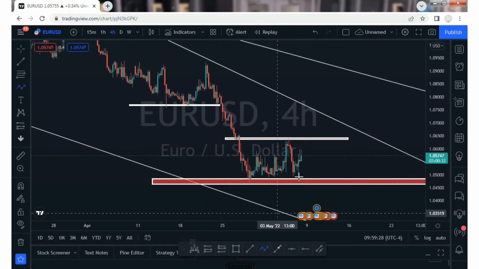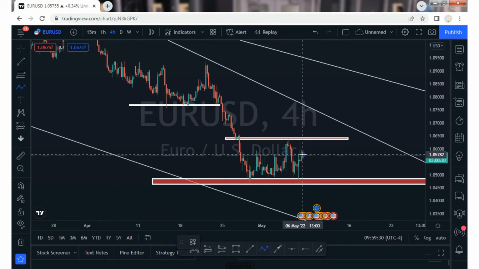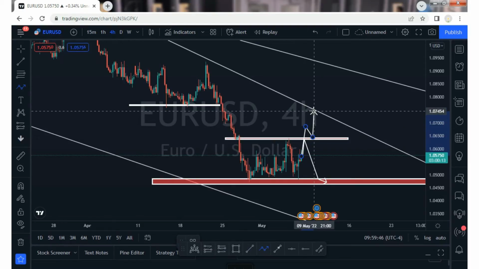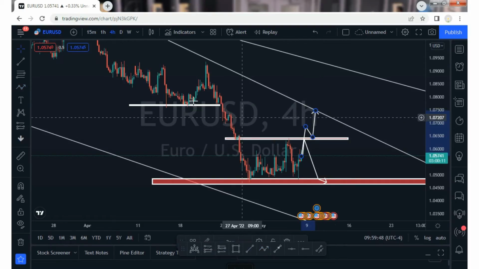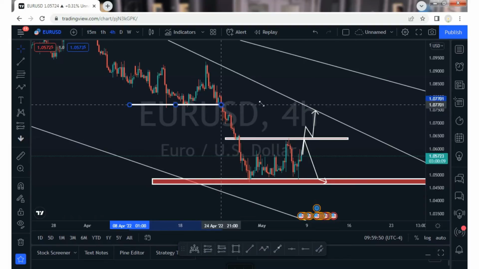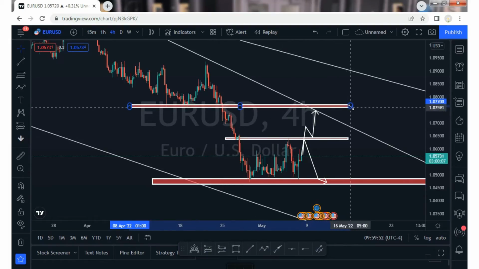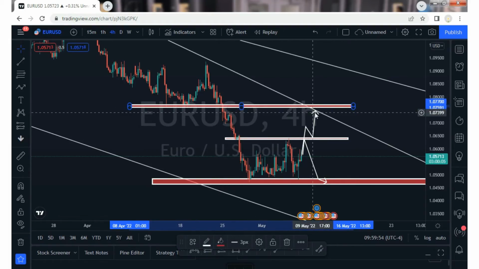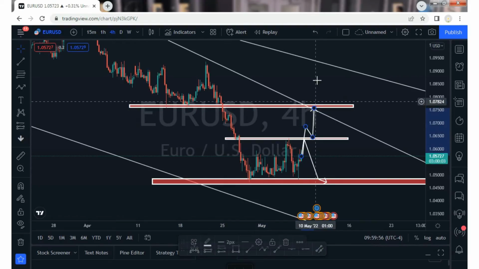Either price comes here and comes back down, or price comes here, breaks out, retest, boom, we come up here. Now I can extend this and say okay, fine. So this is our move, this is what I see.